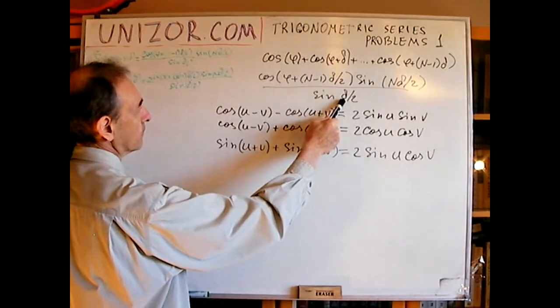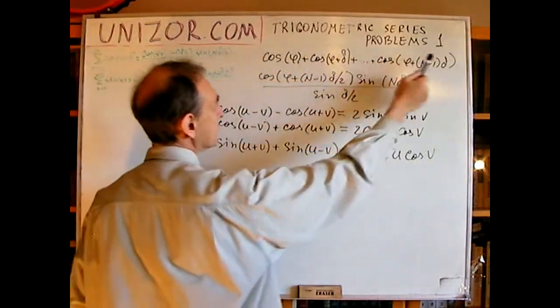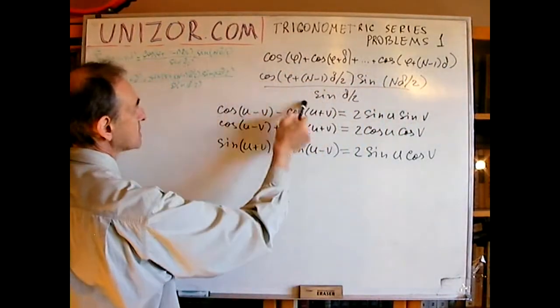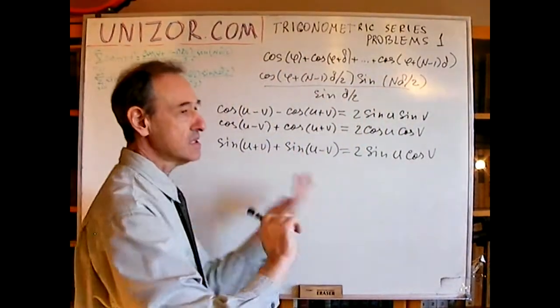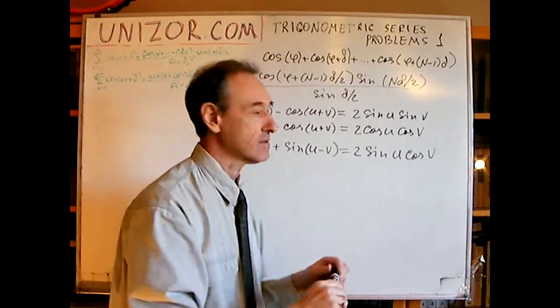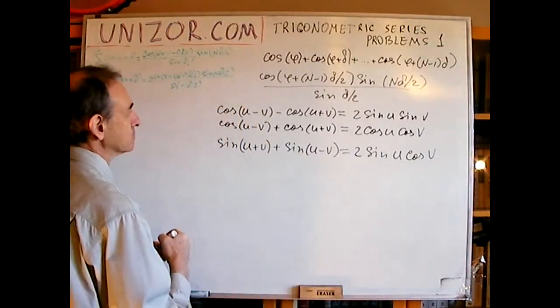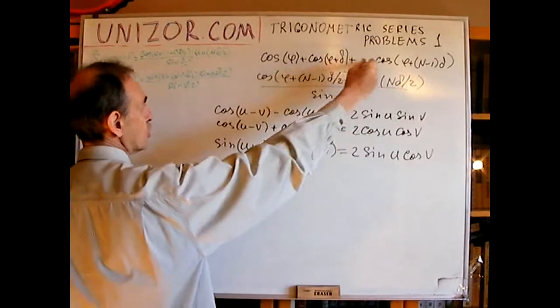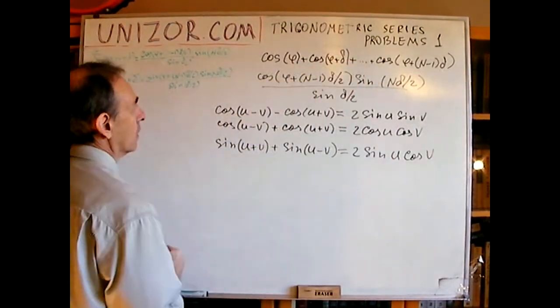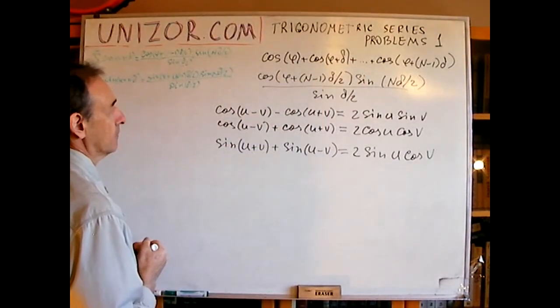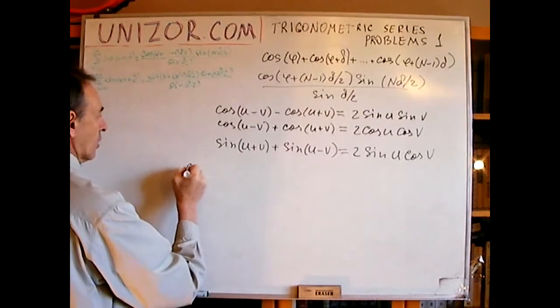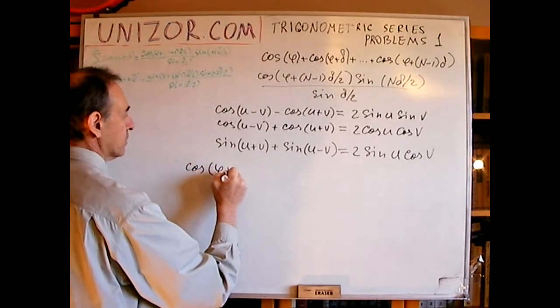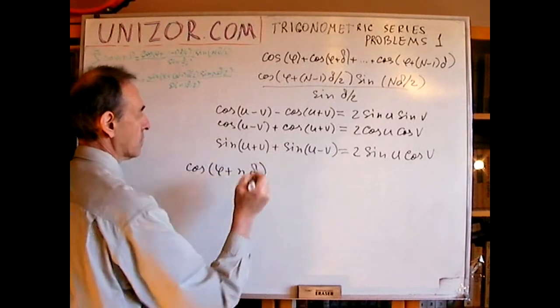If I multiply it by all of these, somehow sine and cosine must be played against each other. So let's see how it happens. My general member of this particular sequence is cosine of phi plus some n multiplied by delta.